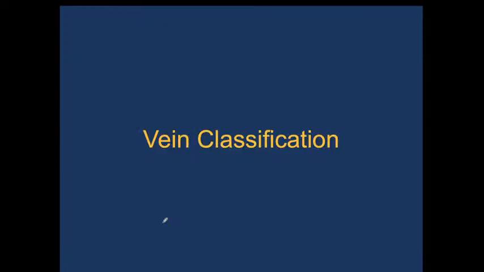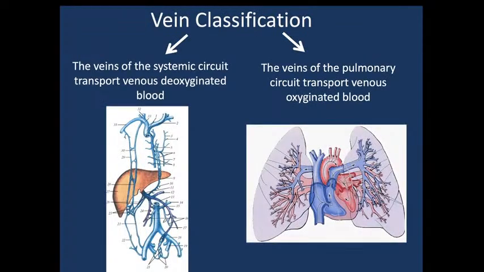Vein classification. First of all, we distinguish two big systems of the veins: systemic veins, which are in the systemic circuit, and the pulmonary veins.